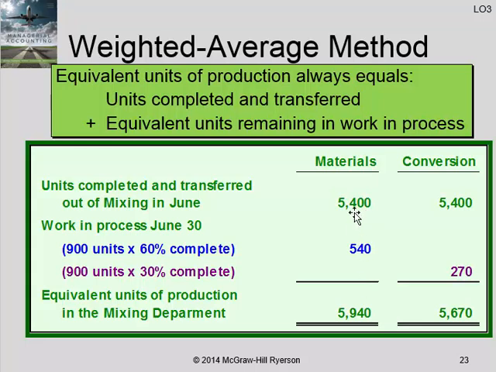So we add it all up, and this is our monthly production. We produced in the given month, only in this department, 5,940 units with respect to materials and 5,670 with respect to conversion.